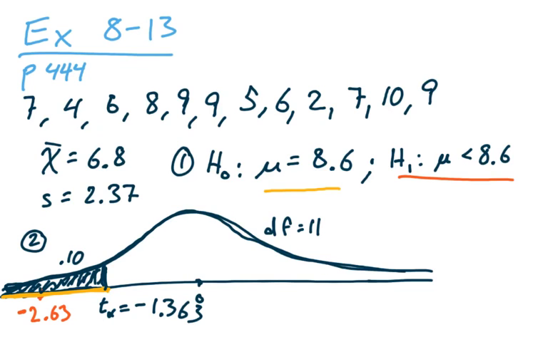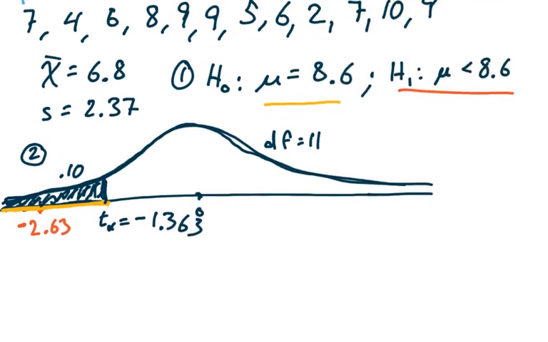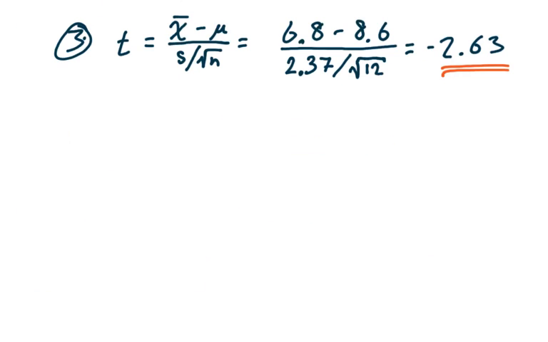All right, so what's our decision? Oh, sorry. Let's flip to the next page. We've seen where that test statistic falls. It falls in the rejection region, so our decision is to reject the null hypothesis.